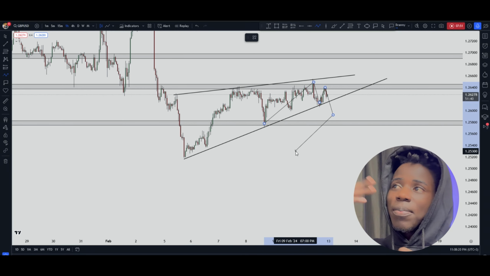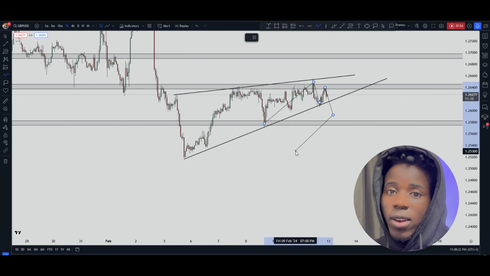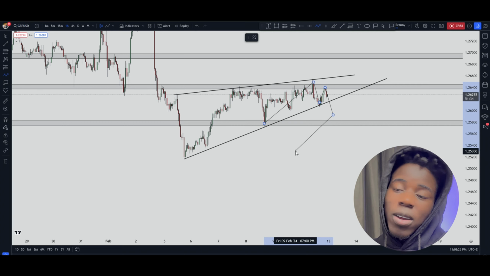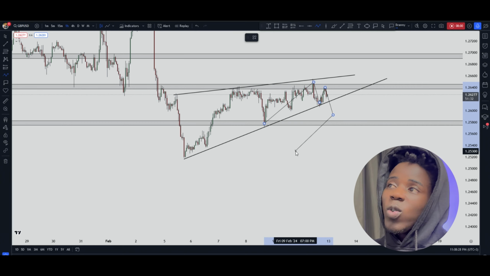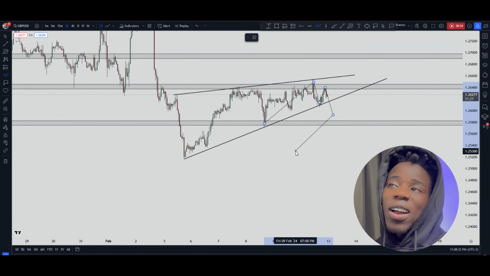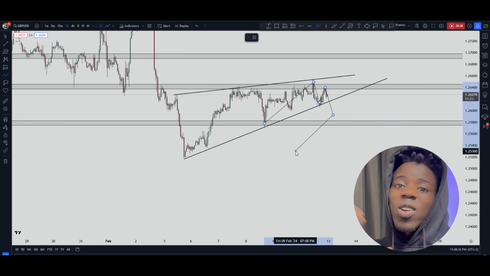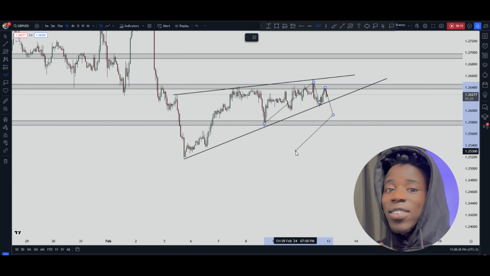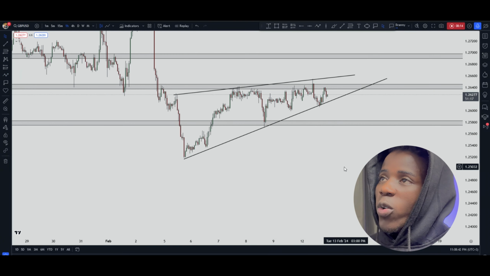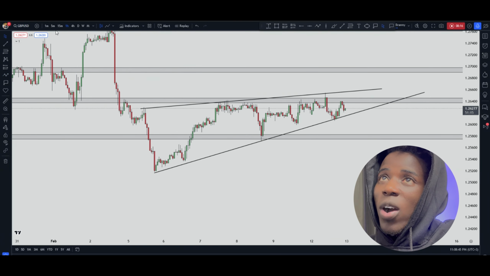Since we are changing the trend, you have two confluences: we are having a trend line break, and again a break to the downside, whereby we were making higher highs and higher lows. Now we broke to the downside, made a new low and a lower high, lower high, and that's a selling market. You get?